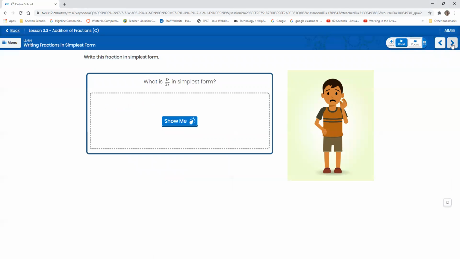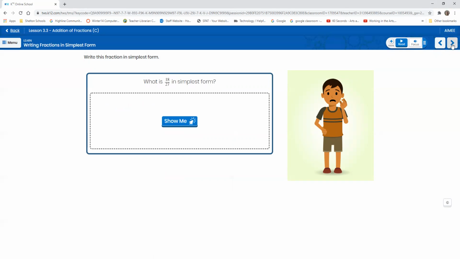Write this fraction in simplest form: 18 over 27. So I am going to do the 18 over 27. I know that 27 doesn't end in an even number, so it's not divisible by 2.